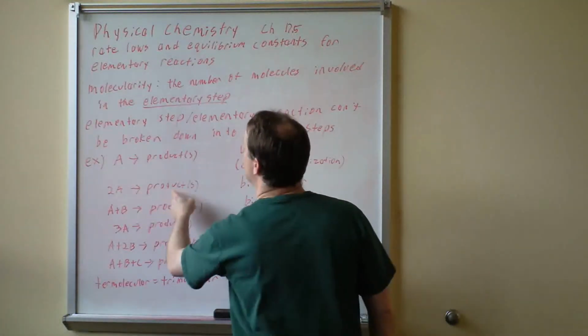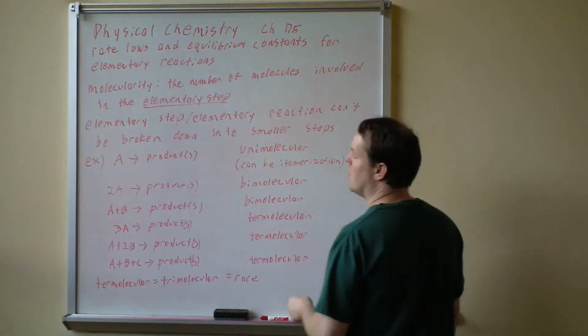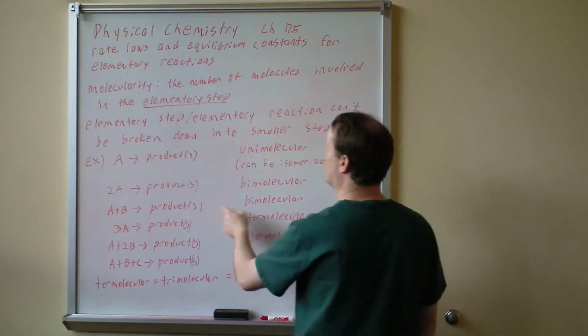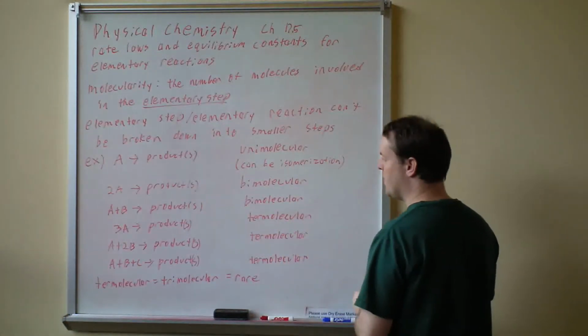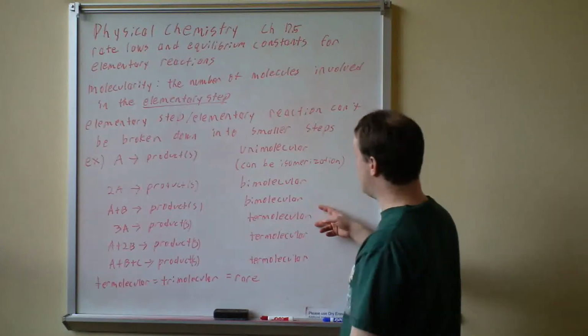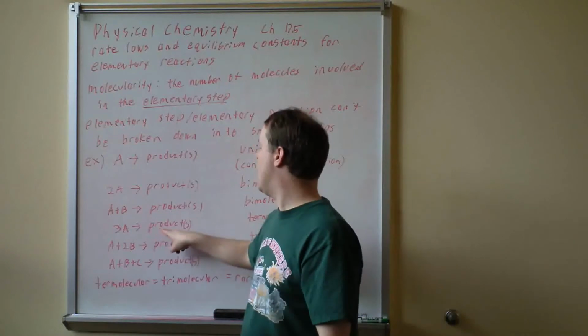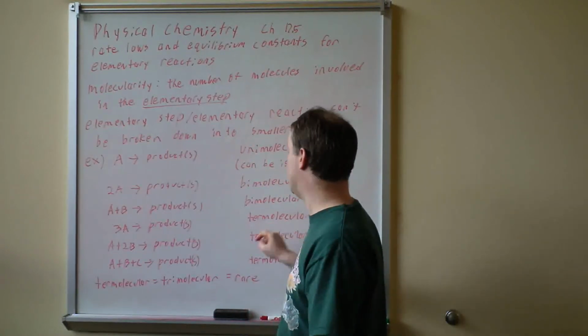If you have 2A, like A plus A going to products, that would be bimolecular. Or if you have A plus B going to products, that would still be bimolecular. And then when you have three molecules in the elementary step, it could be three of the same type, so it would be 3A going to products, that would be termolecular.